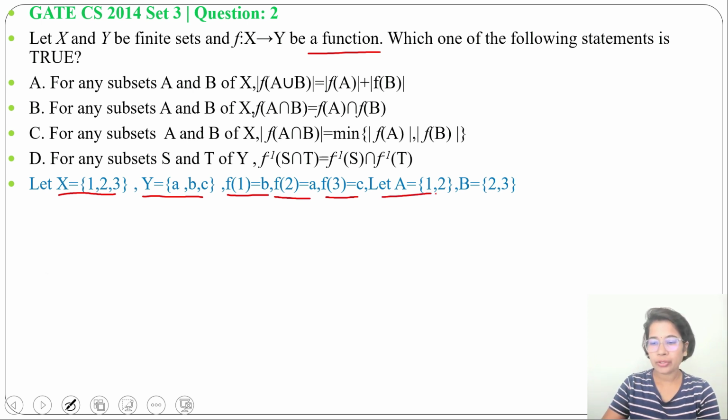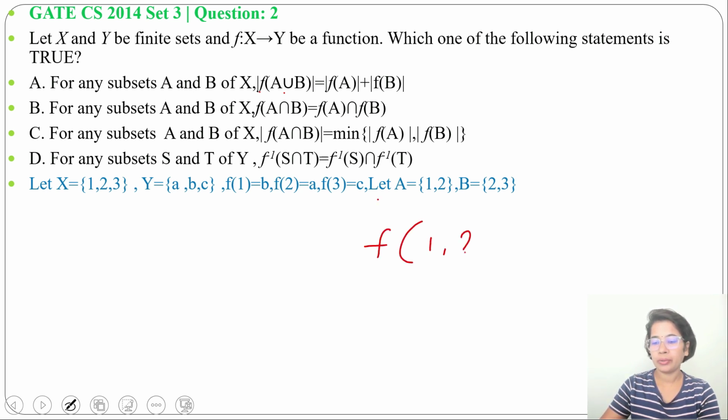Let A = {1, 2}, a subset of set X, and B = {2, 3}, which is also a subset of set X. Now f(A ∪ B) will be f({1, 2, 3}).